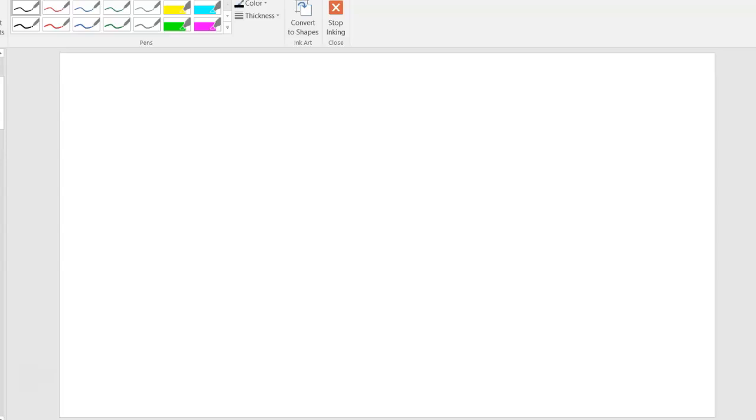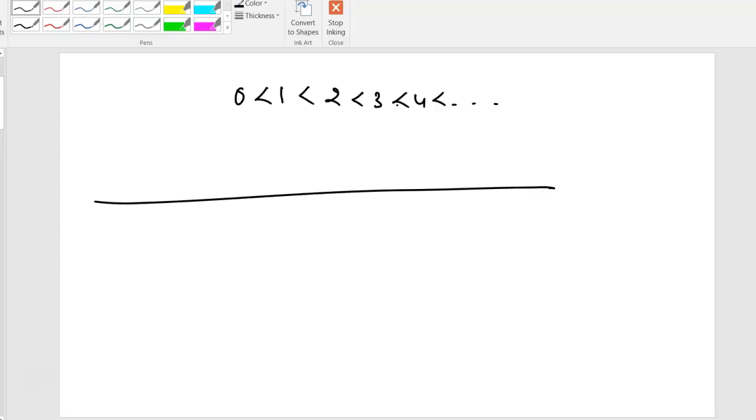So we know, in the case of whole numbers, that 0 is less than 1 is less than 2 is less than 3, less than 4, and so on, right? Let's see it on the number line 0, 1, 2, 3, 4.